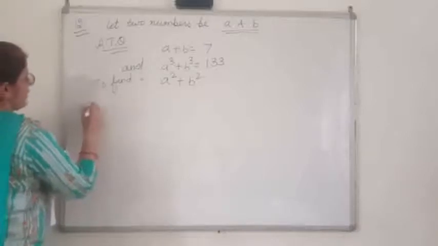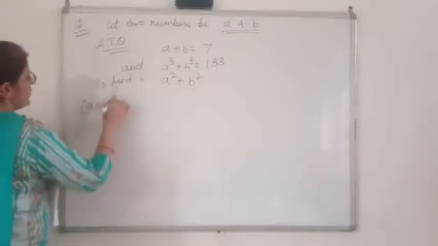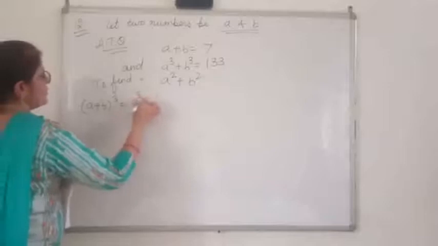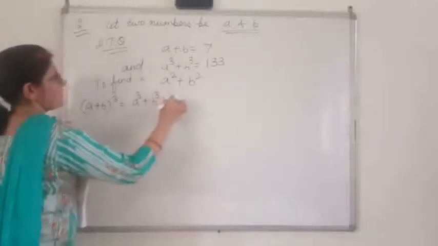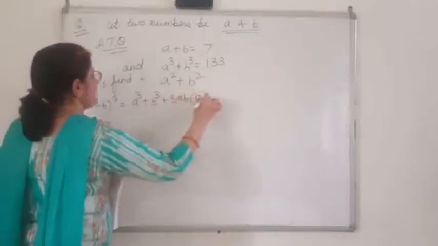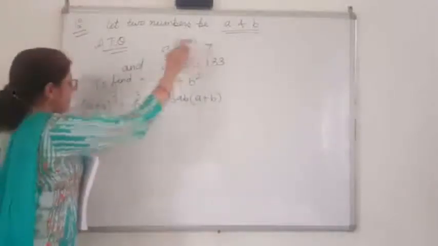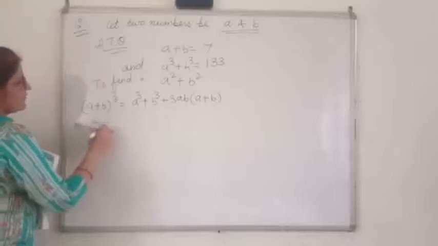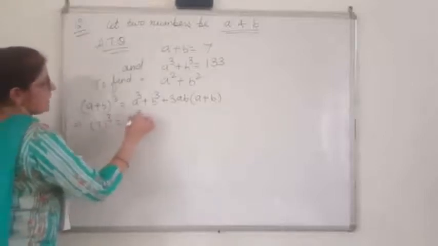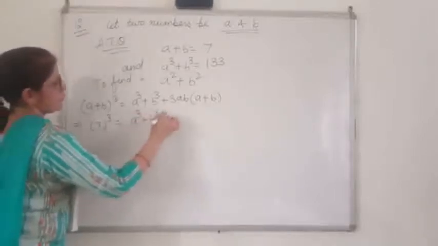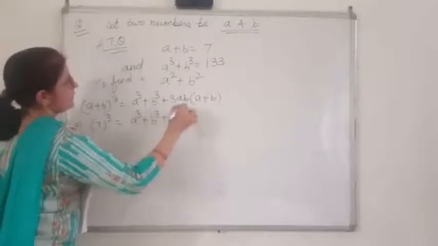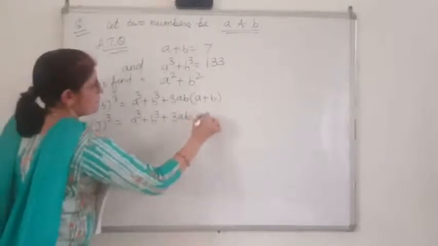So a plus b whole cube equals a cube plus b cube plus 3ab into a plus b. Now a plus b you can substitute as 7. So cube of 7 equals a cube plus b cube plus 3ab into 7.